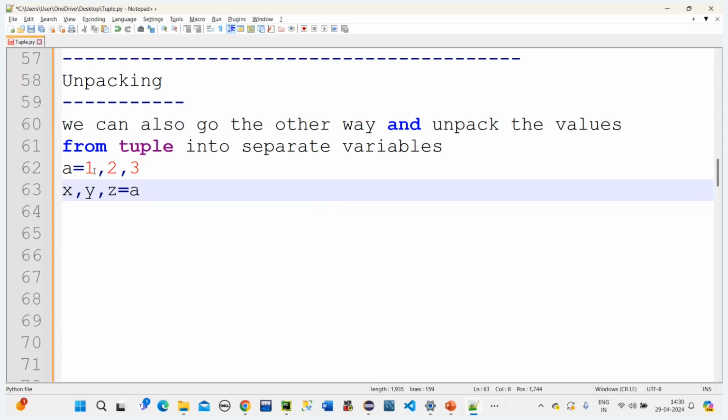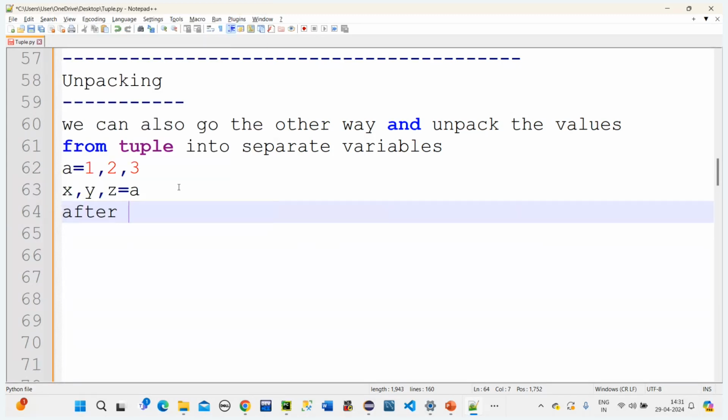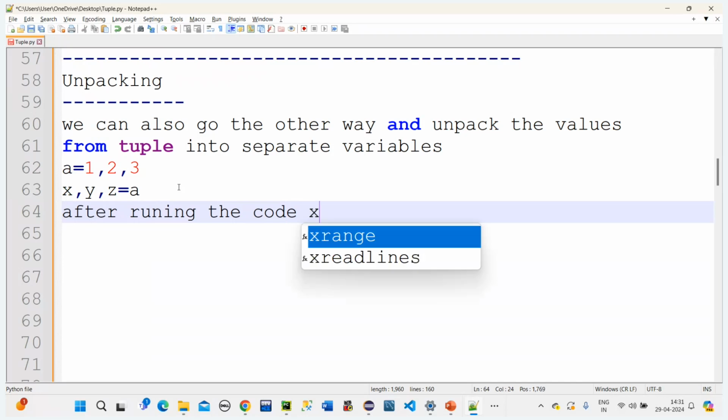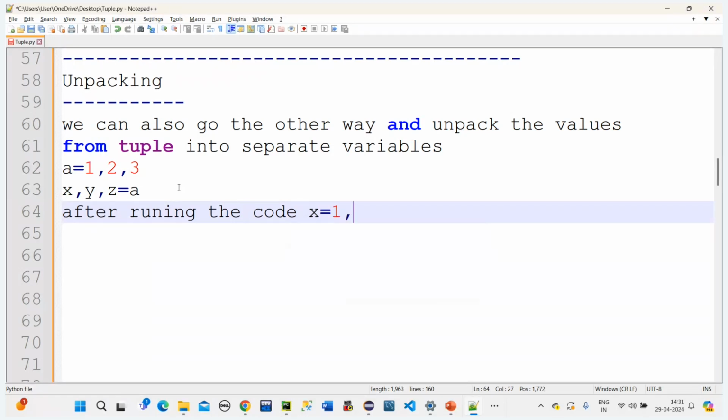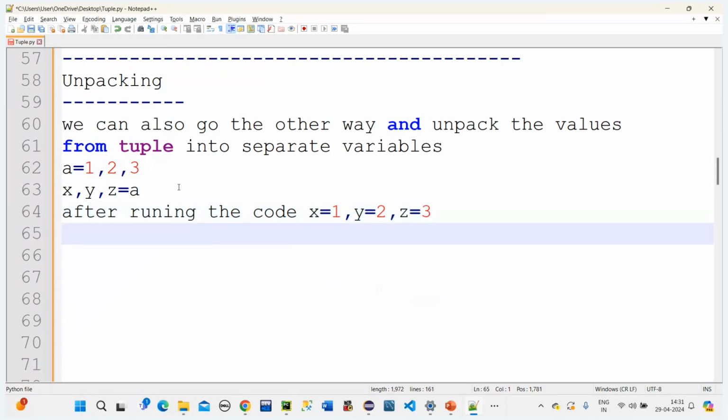Everything is getting stored, right? 1 is getting stored in x, 2 is getting stored in y. So after running the code, what happens? x is equal to 1, y is equal to 2, z is equal to 3. Yes or no?